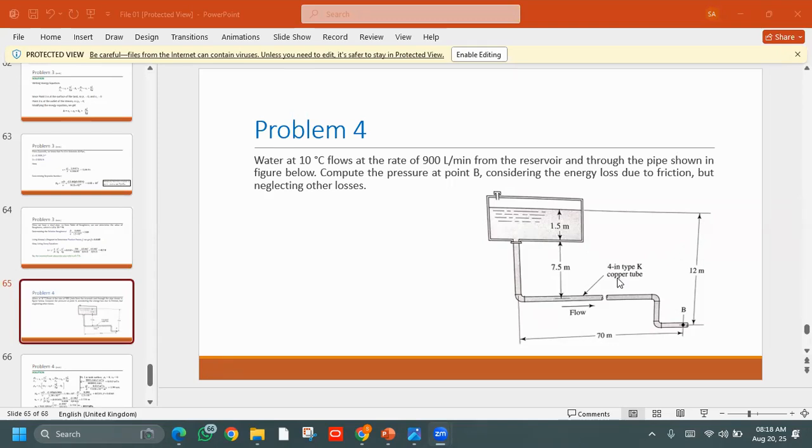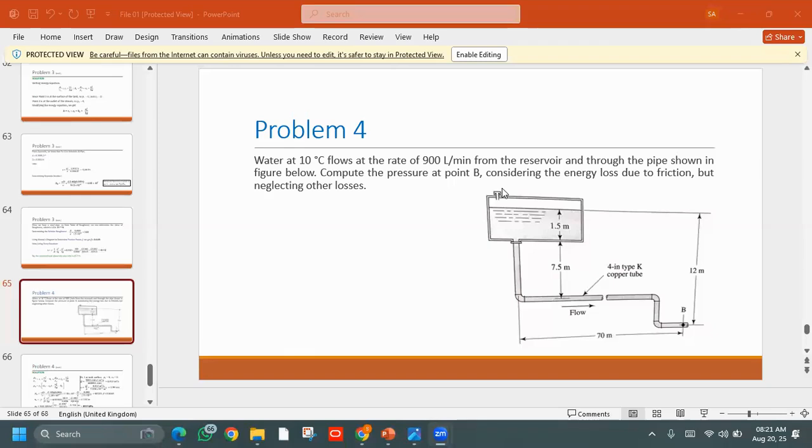The diameter of the pipe is 4 inches, and the length of the pipe is 70 feet straight, and then we have some vertical parts of the pipe as well. The elevation difference between point A, which lies over here, and point B, which lies at the bottom of the pipe, is about 12 meters. So that's all about the question. Let's move towards the answer.